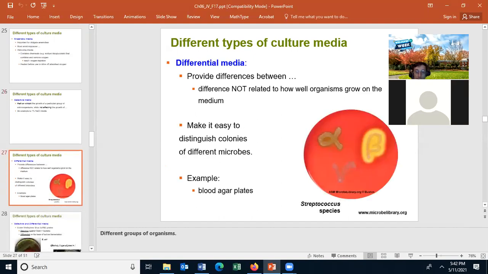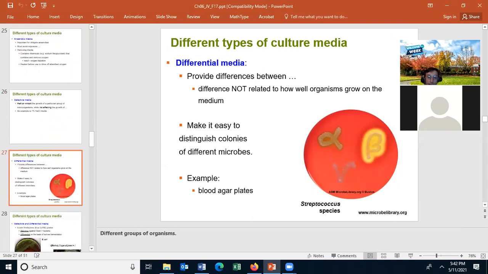Another media is a differential media. It provides differences between two or more species of bacteria. The differences are usually visible, and then you can see the differences between different species.